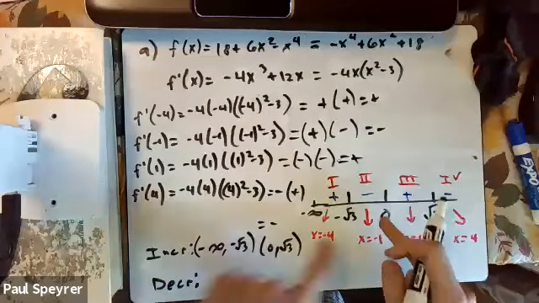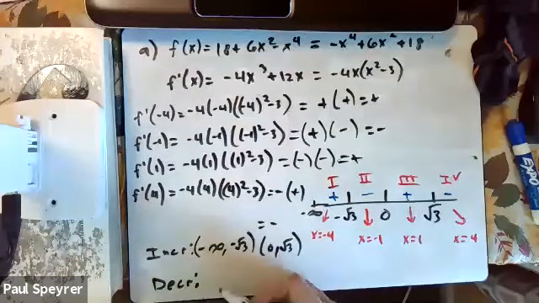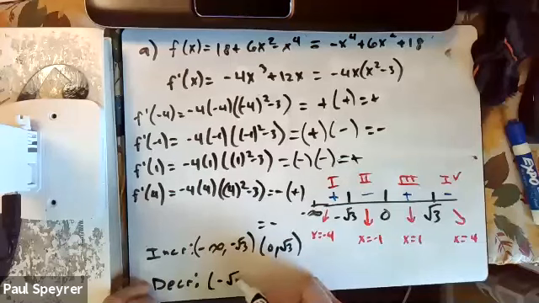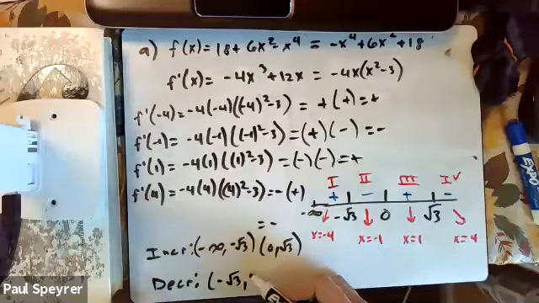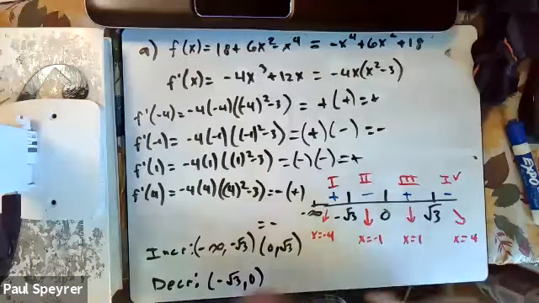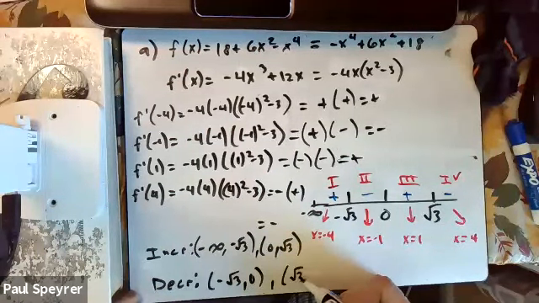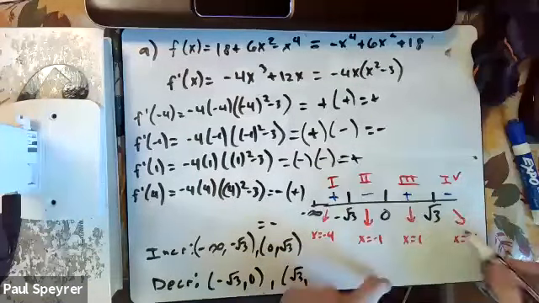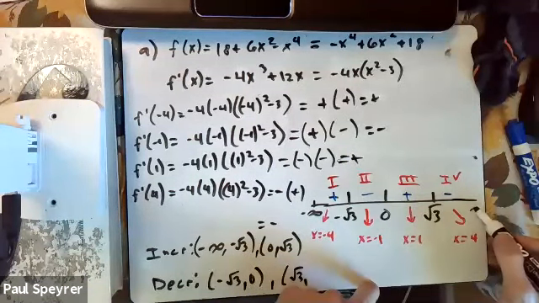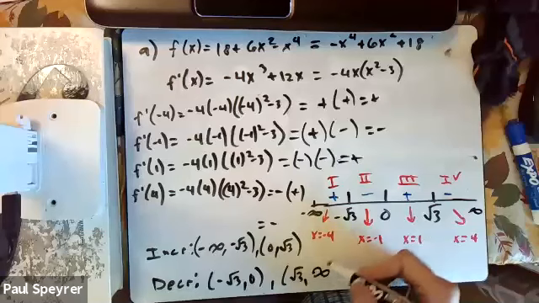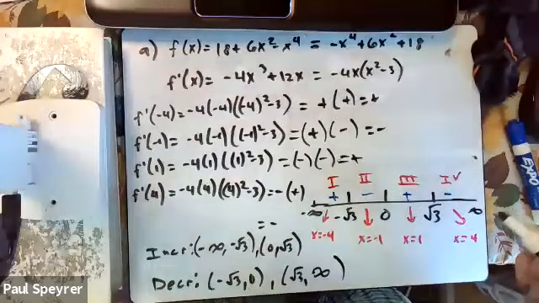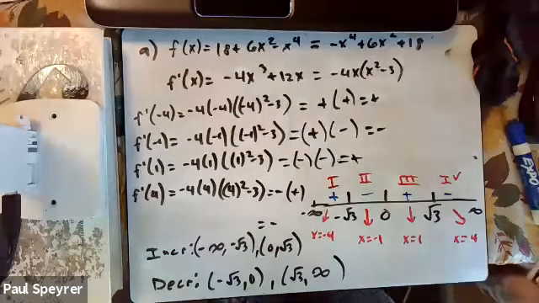Where are we decreasing? Well, starting at -√3 to 0, and also from √3, remember this goes forever to the right towards positive infinity. So there's our increasing and decreasing.